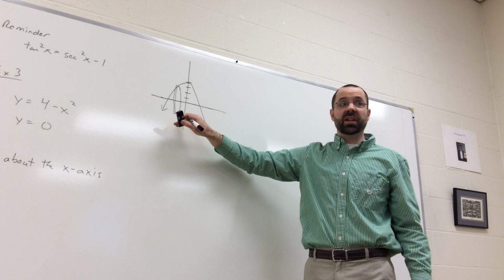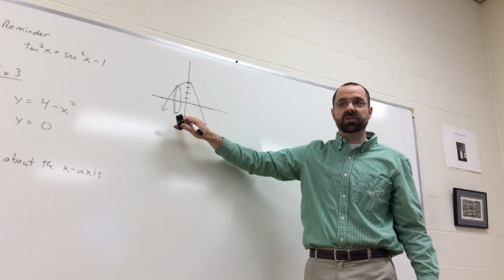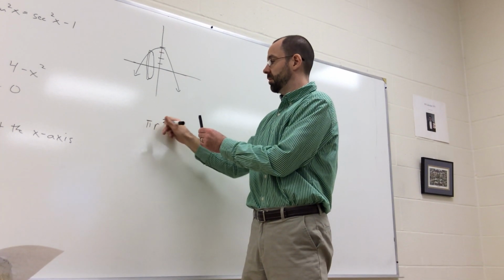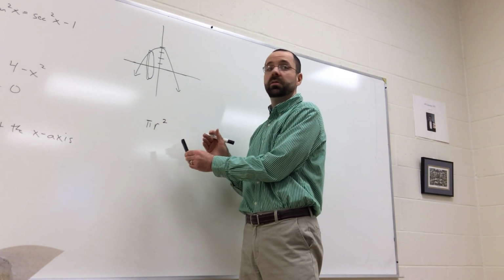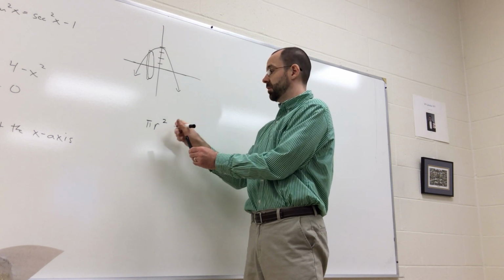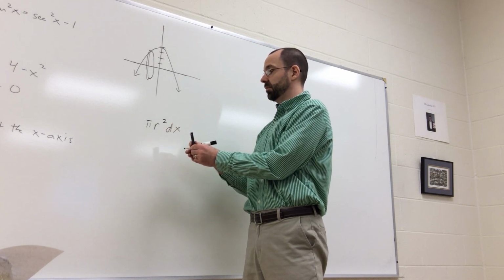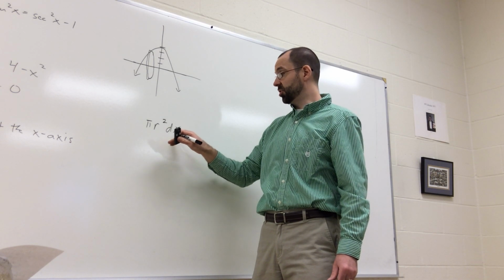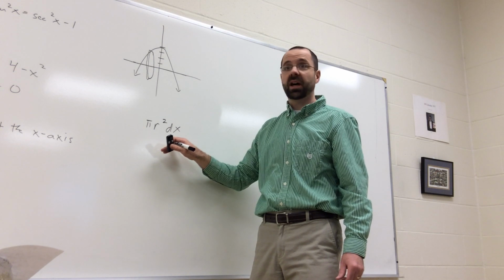So now I need to find the volume of that. It's a cylinder, so it's pi r squared h. What's the h? dx, right? This is critical. Is everybody okay with the height being dx?